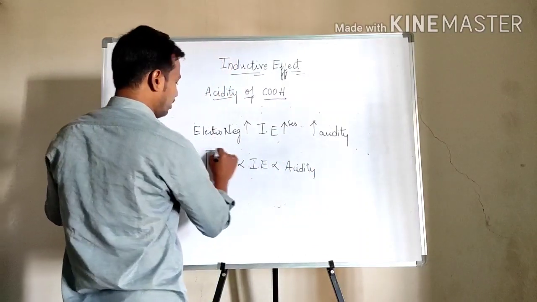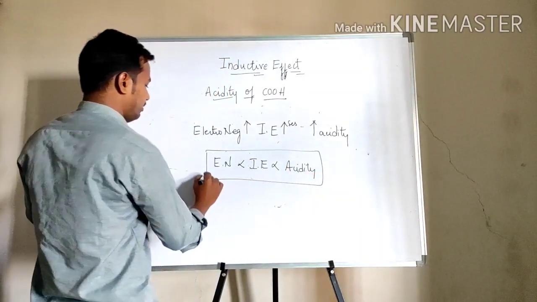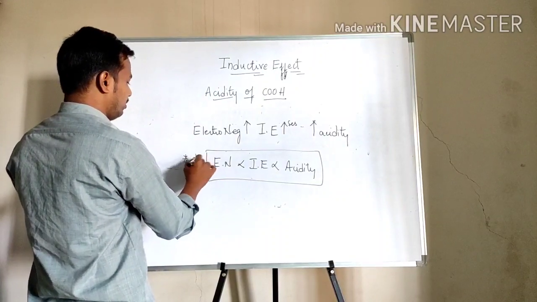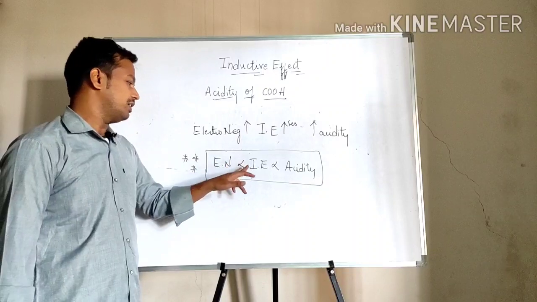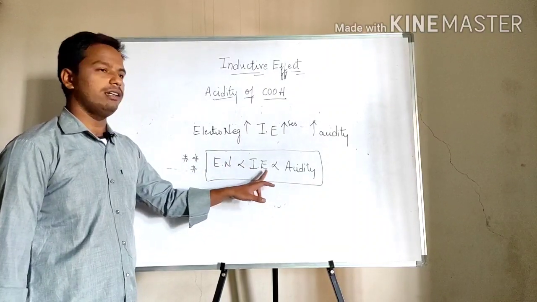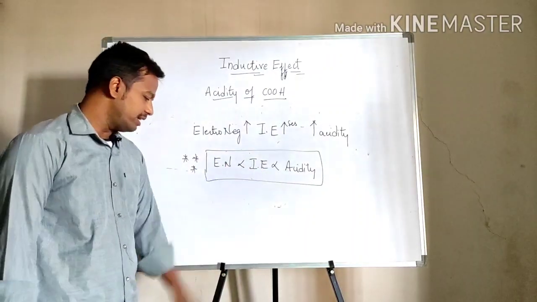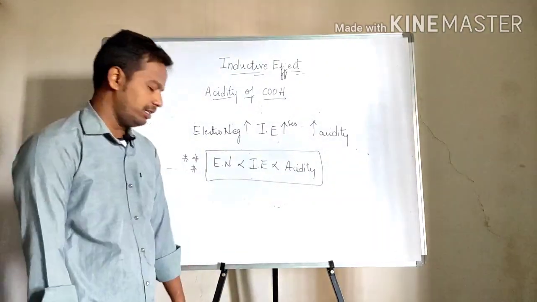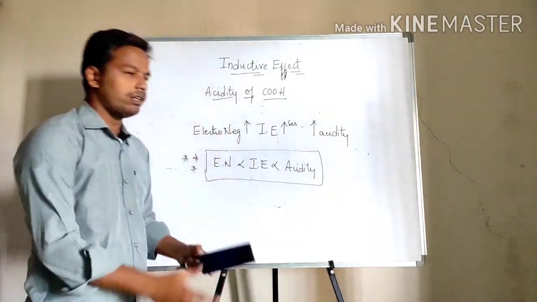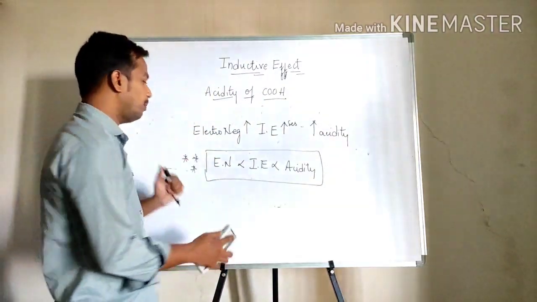This is a very important point to remember. Electronegativity is directly proportional to inductive effect, and in turn directly proportional to its acidity. If you have noted down, I'll move on.